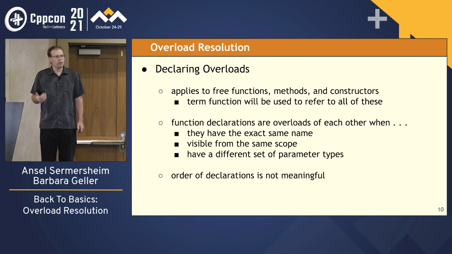The order in which you declare overloaded functions is not meaningful. So it doesn't pick based on what order the compiler saw them in your file. And every overload that's visible to the caller can potentially be called. This may include overloads that you wrote and overloads that you did not.